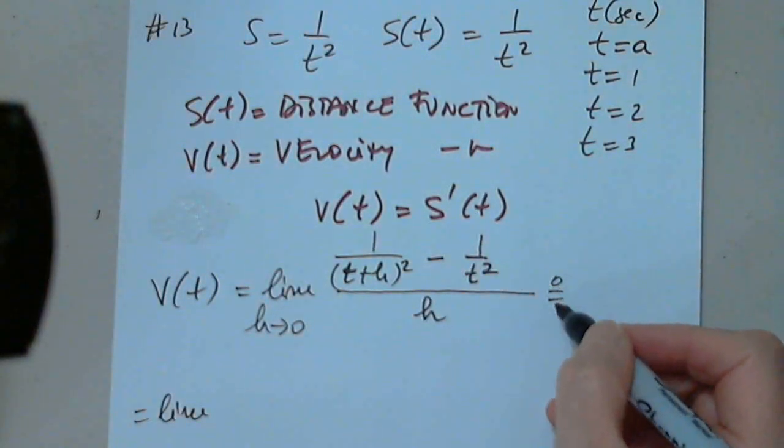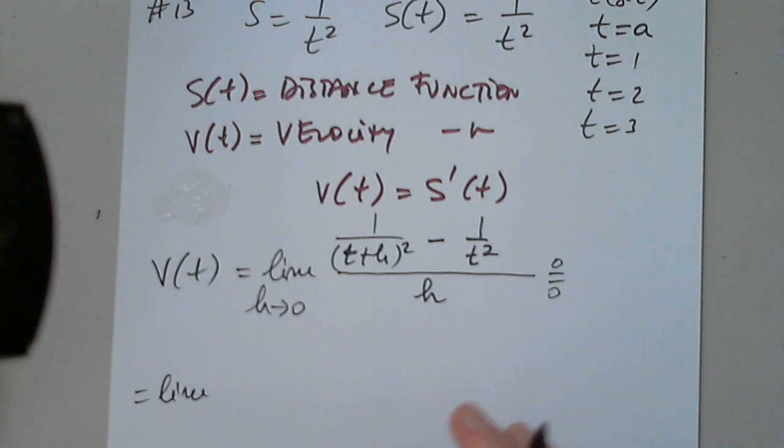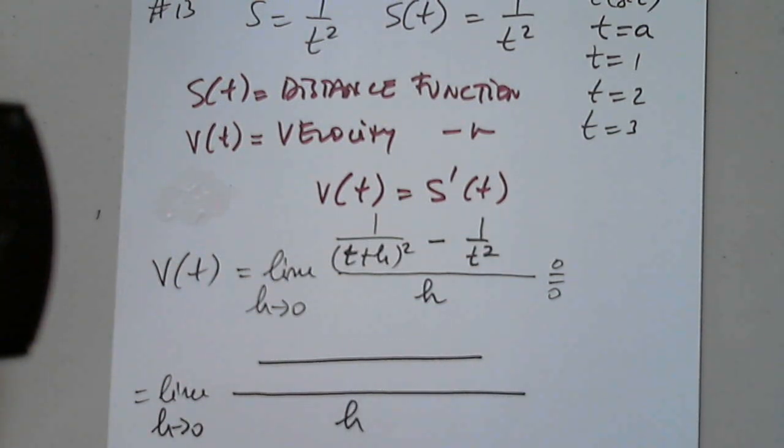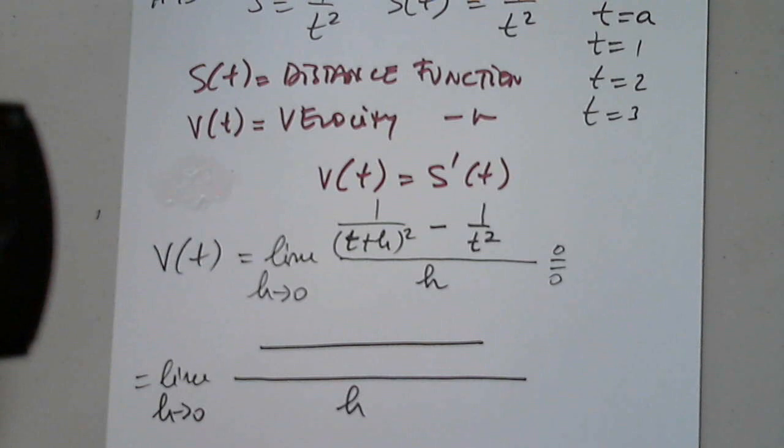There is no need to write 0 over 0. This is the derivative. It will always be initially 0 over 0, of course. What is our next step? To find the common denominator. Yes.